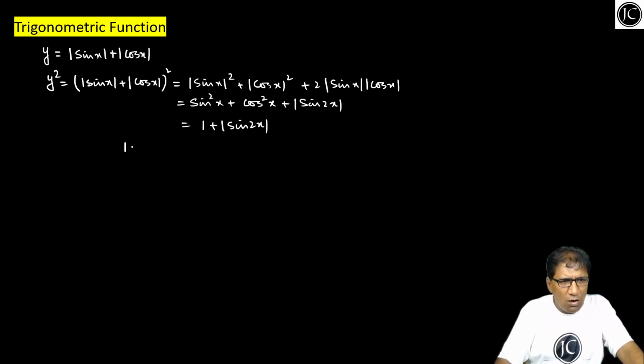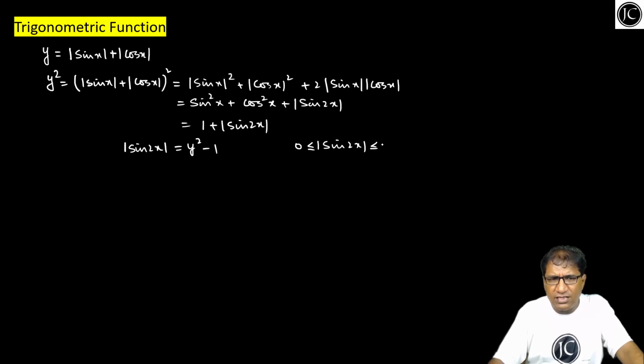Okay, so modulus of sin 2x ये कितना आ रहा है y square minus 1. We all know that modulus of sin 2x always lies between 0 and 1. ये कभी नेगेटिव होगा नहीं.